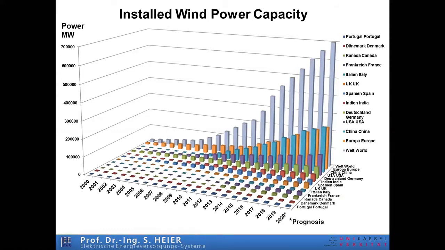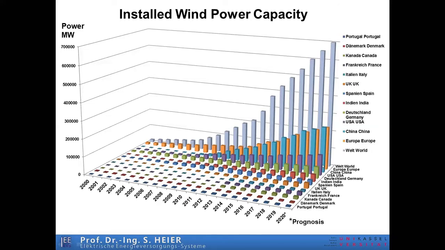Here you have the picture of the installed wind power capacity. You see India has installed power of about 40 gigawatt, Germany about 65 gigawatt. Here you see 700 megawatt, here is 100,000 megawatt, it means 100 gigawatt. Germany about 65, and USA has about 150.